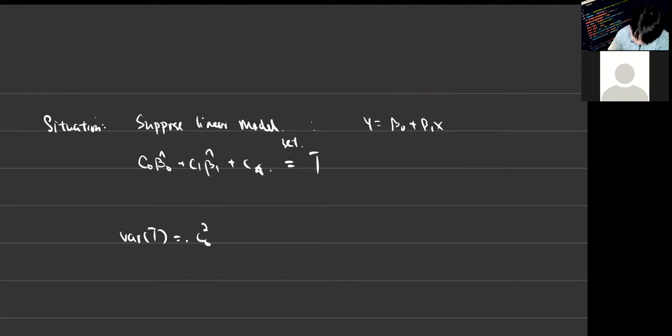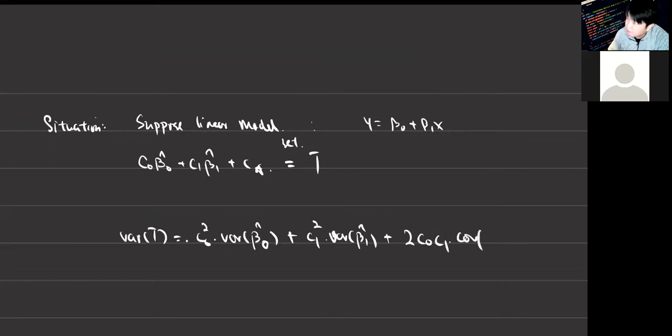This is going to be C0 squared variance beta 0 hat plus C1 squared variance beta 1 hat plus 2 times C0 C1 covariance beta 0 hat, beta 1 hat. All right.